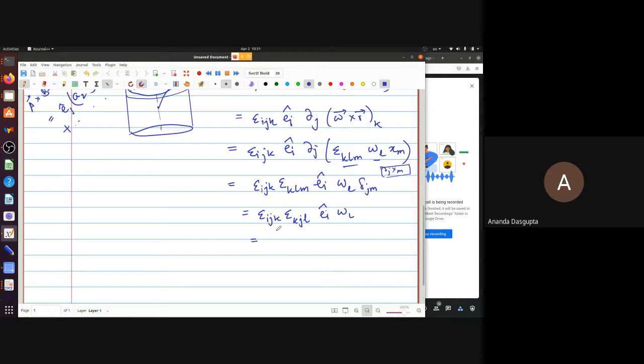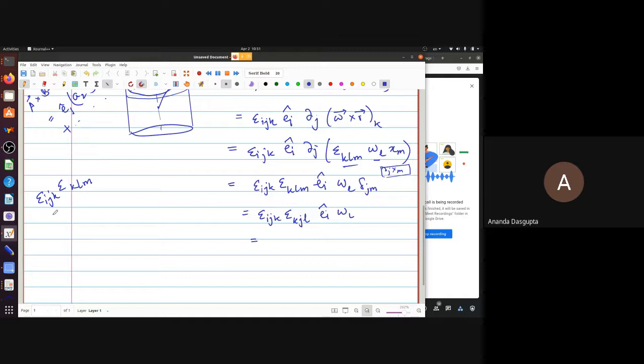Now, anybody remember what this expression is? Or at least how much epsilon ijk epsilon klm will be? You can say this if you know this, but maybe it's better to work it out from this.